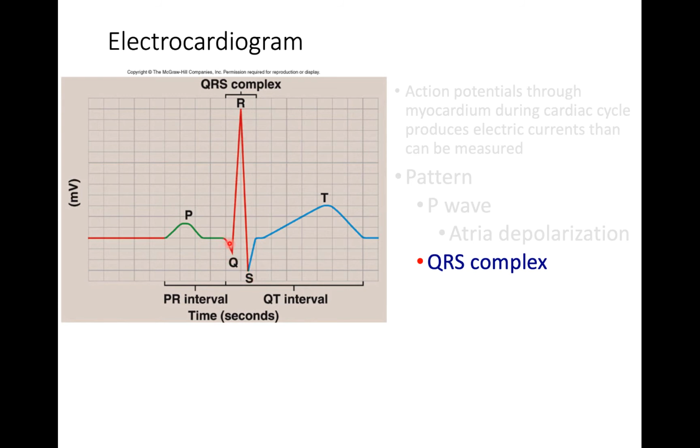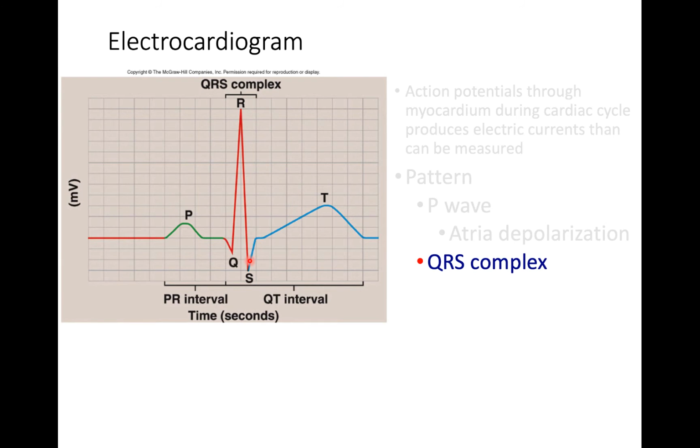So once the blood goes from the atria to the ventricles, then you have the QRS complex. This is when the voltage shoots down the bundle branches and back up the edges of the myocardium surrounding the ventricle. And that's going to be a curve that goes down, up, and down. Again, it's the net voltage that you have when the ventricles are contracting.